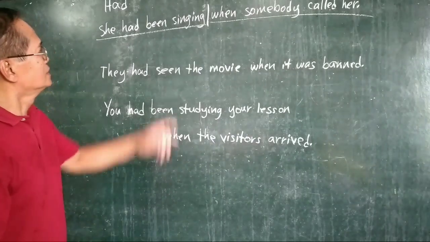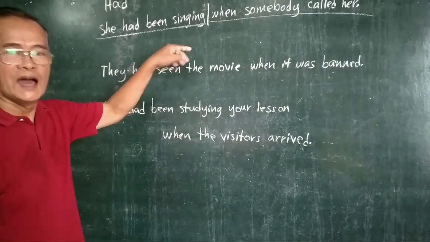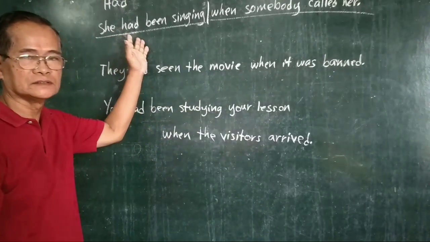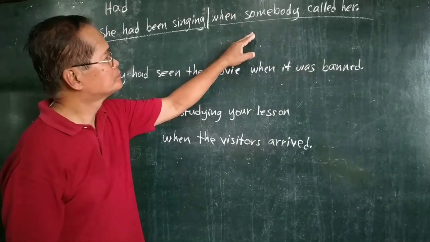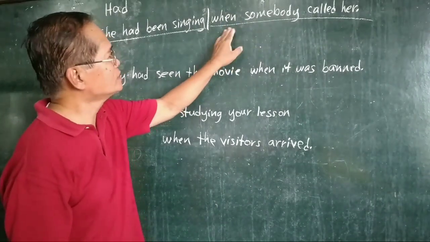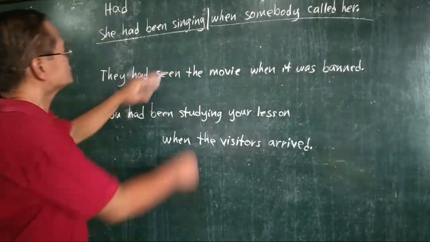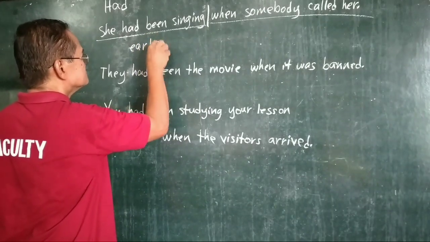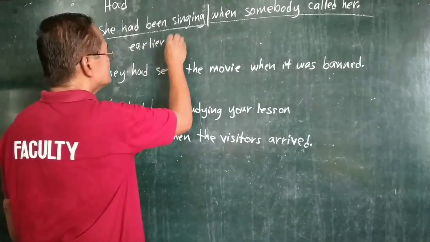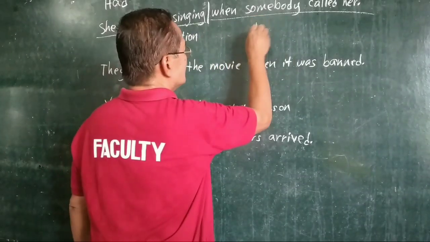Now, the action here, she had been singing, happened in the past. But this one, when somebody called her, also happened in the past, but this one is earlier. Earlier action, while this one is later.